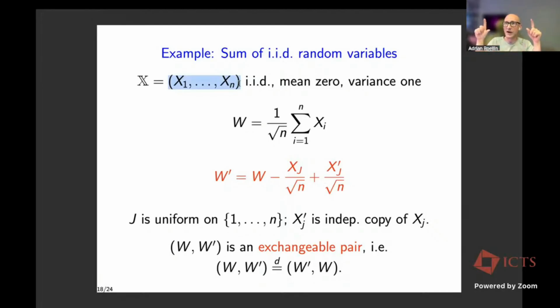I can give you both families. You can tell there is a difference at position J, but you won't be able to tell which one was the original one, which one is the new one. It could have gone the other way around. So you can't tell from what I'm giving you which is the original, which is the new one. And that makes the construction exchangeable.